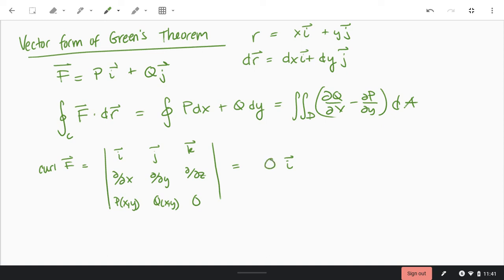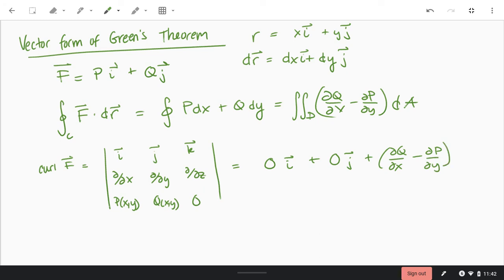Same thing's going to happen in my j direction. d/dz of P(x,y) will be 0 minus d/dx of 0, which is also 0. And then in my k direction, I'm going to have the partial of Q with respect to x minus the partial of P with respect to y.